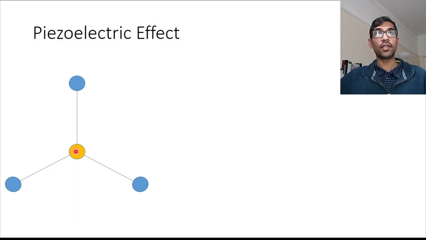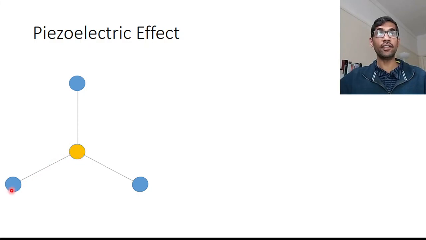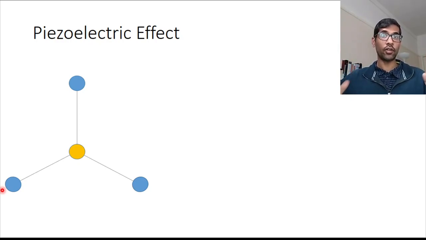It contains two different particles, a yellow particle here and a blue particle here. Let's assume that the yellow particle is negative while the blue particles are positive. When there is no stress or strain on a material, the material is electrically neutral. There is no electric polarization. There are no electric fields in the material as a whole.